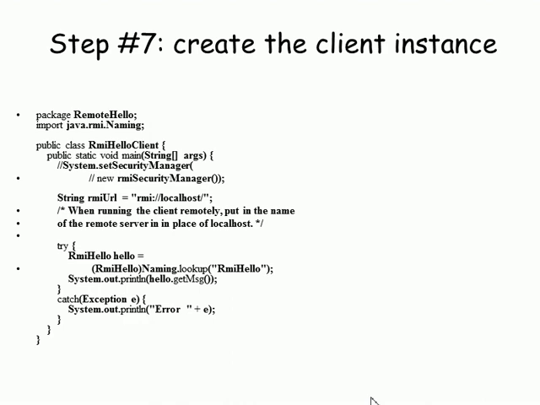Almost done. So what I've done here is I've created an instance of the RMI security manager, but I commented it out because I didn't need it to run. Here's the protocol for going to RMI localhost. Here I did the lookup for RMI hello, and then I cast it to RMI hello, so it's clear.